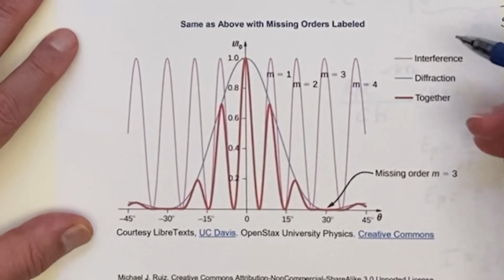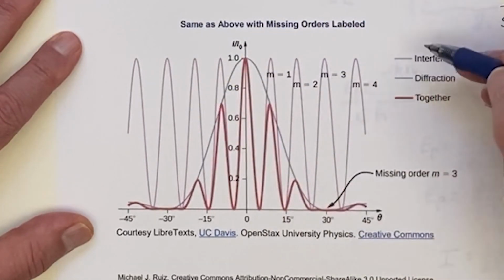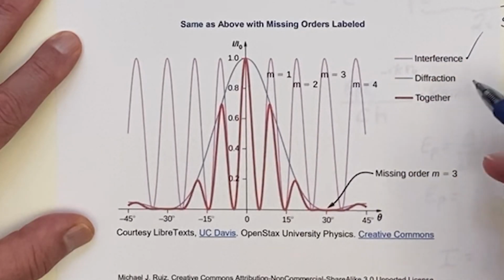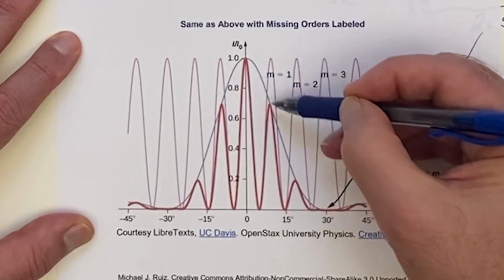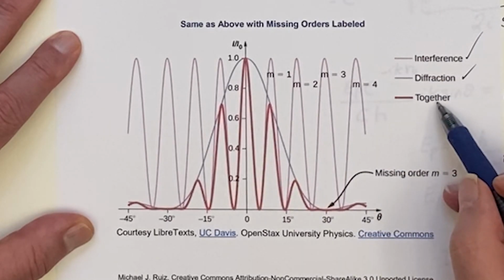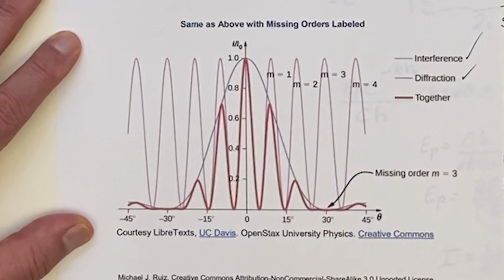So this is nice. The faint one in the back, the purple one, is your interference. The two-slit effect, the interference. The diffraction is the blue one. That's your sinc function squared. And then together, that's what you get.